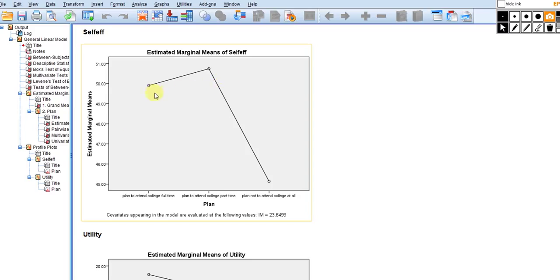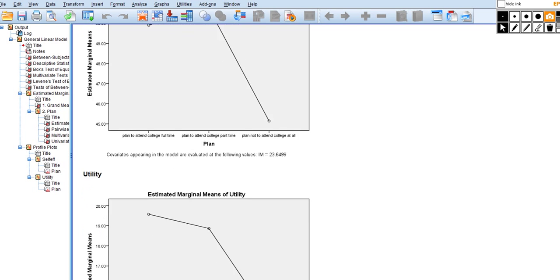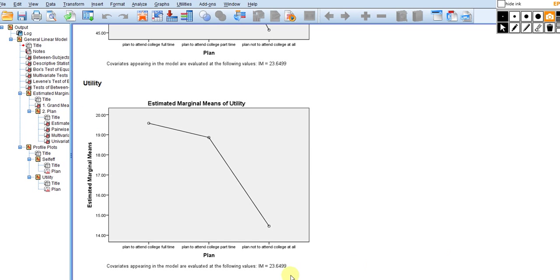And you see a similar pattern emerge with respect to perceived utility of college. Those were basically post hoc comparisons looking at pairwise differences on the dependent variables.